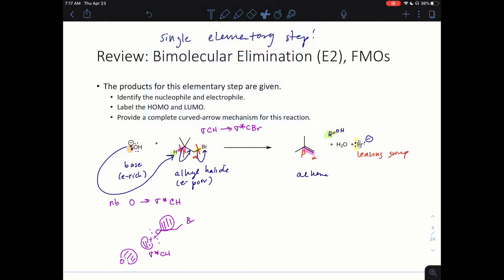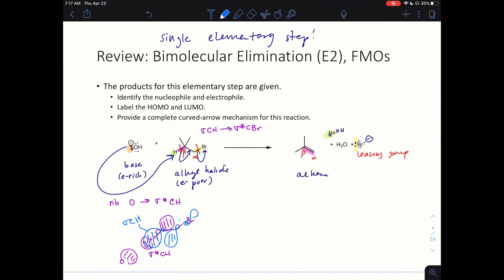Let's change colors, and that will be the sigma CH electrons. This time that is the filled orbital interacting with, so here we go, sigma CH. Let's put it over here. It's going to interact with sigma star CBr.